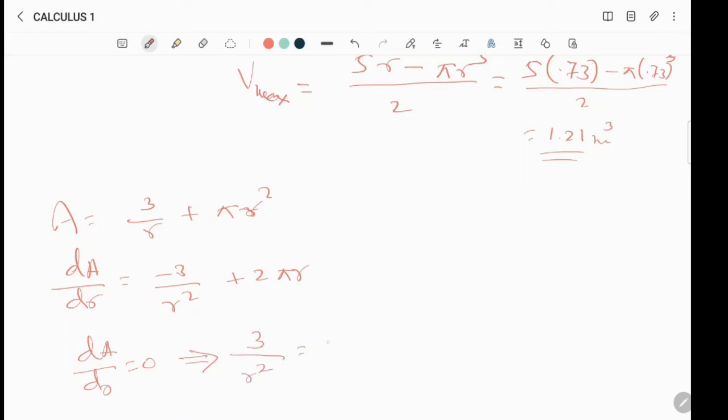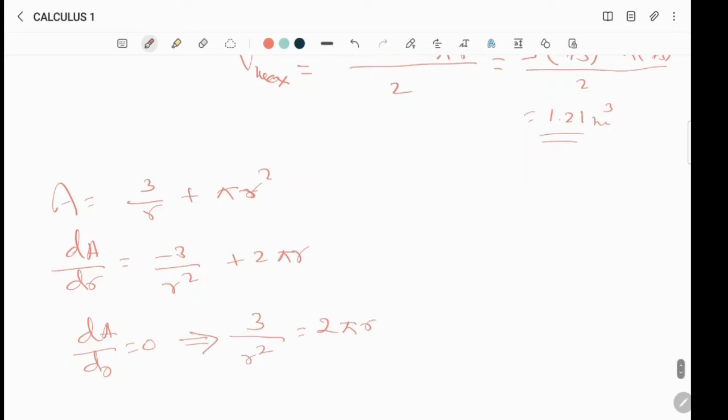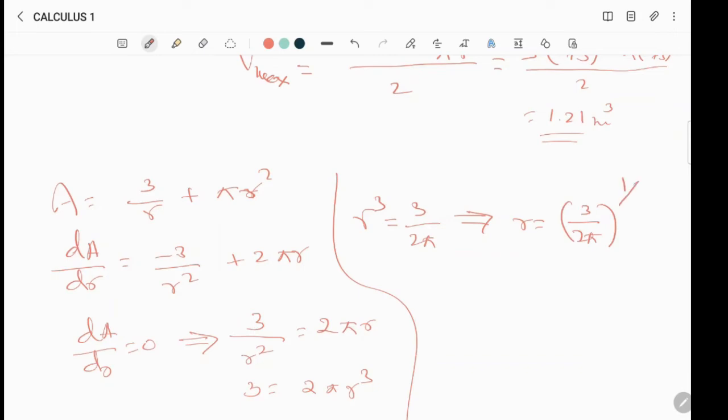So 3 over r square equals 2 pi r. 3 equals 2 pi r cube, because r will come to this side. r times r square is r cube. r cube is 3 over 2 pi. From here, r is 3 over 2 pi to the power 1 over 3.